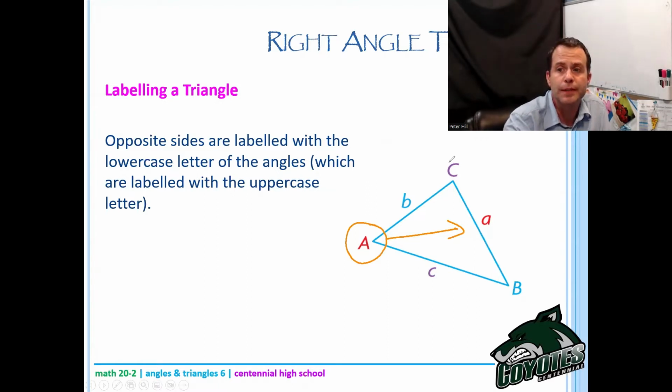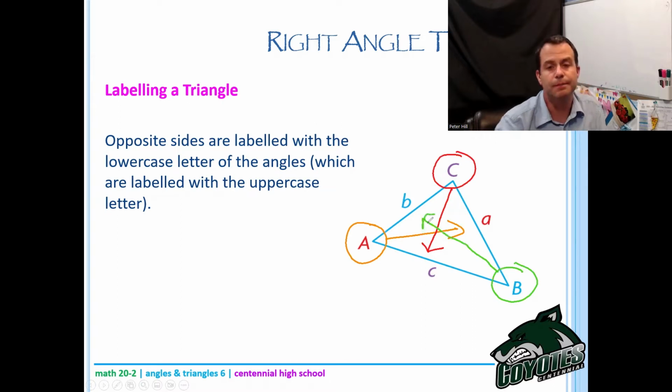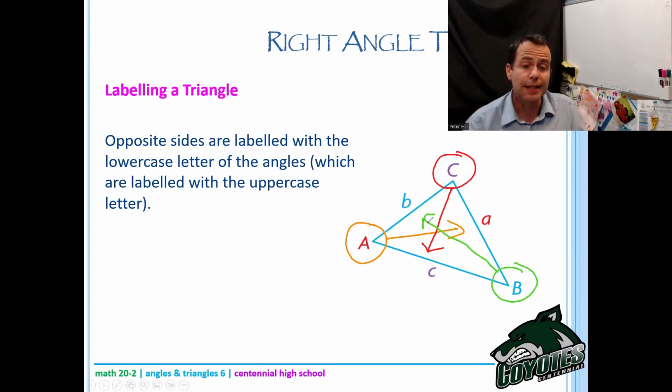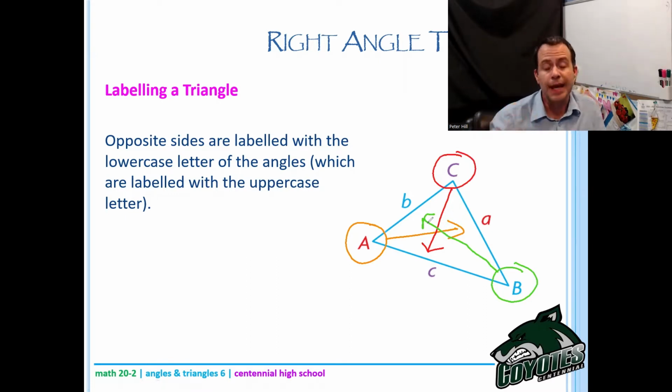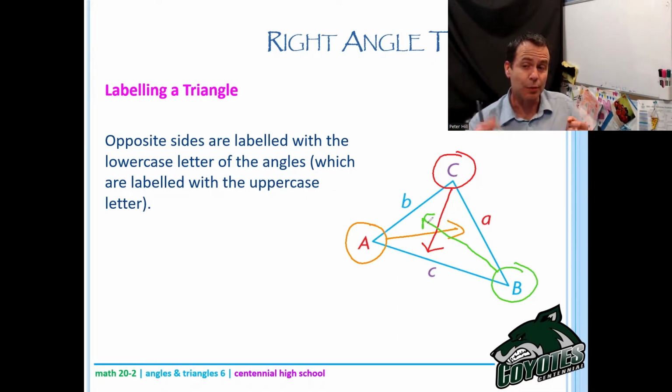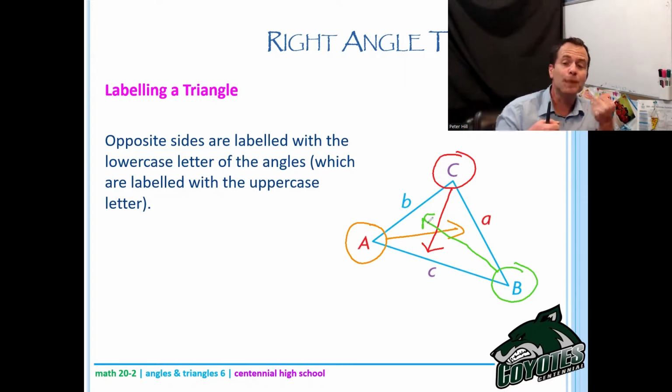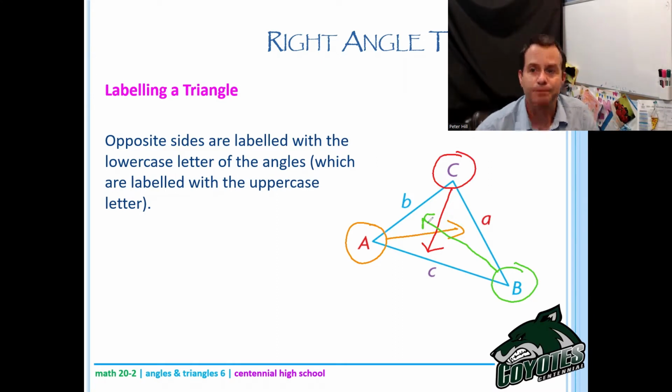So this is angle C, and opposite angle C would be side C. And this is angle B, and opposite angle B would be side B. So the sides get little letters, the angles get capital letters, and an angle and its opposite side always get the same letter. It's just that the angle would be capital and the side would be lowercase.